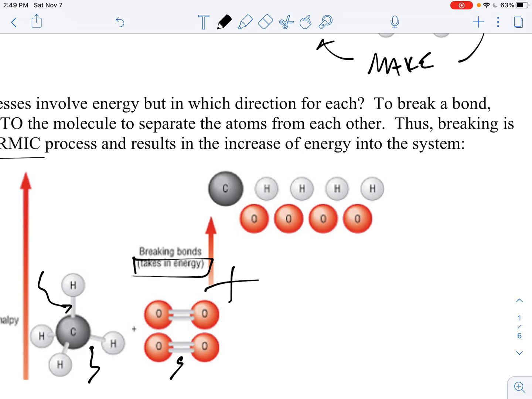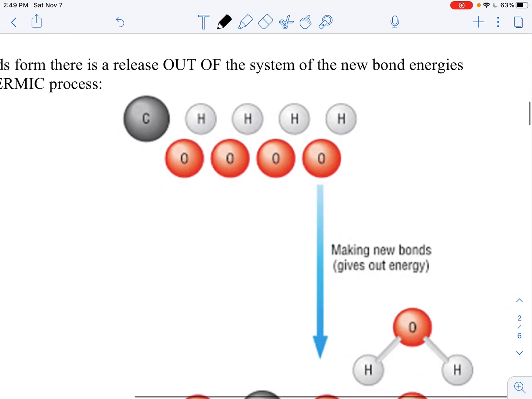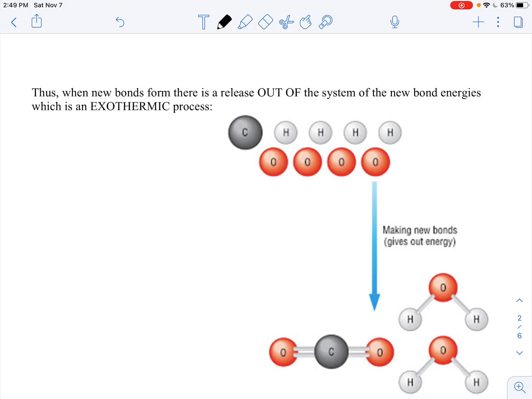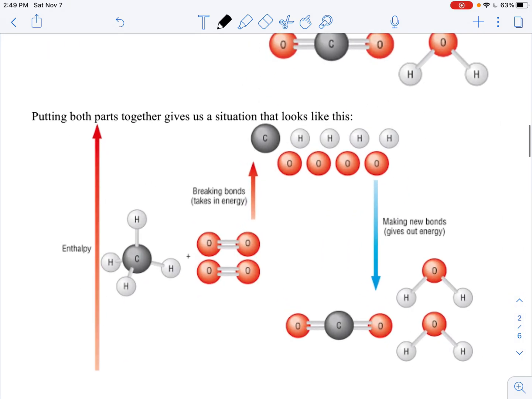Well, then that's pretty obvious, but it implies the other way around as well, that if it requires energy in to break a bond, then when you make a bond, you get energy back out of the system. So to go from here over to here, to put all these guys together, if we're making new bonds, then that is giving out energy, or that is going to be a negative number, or it's going to be an exothermic process.